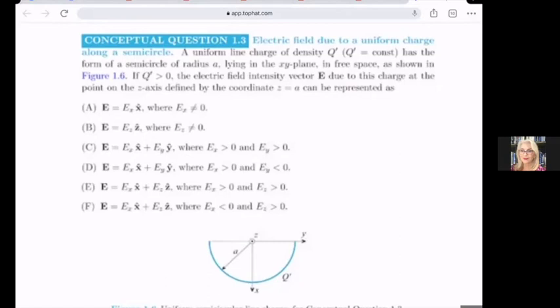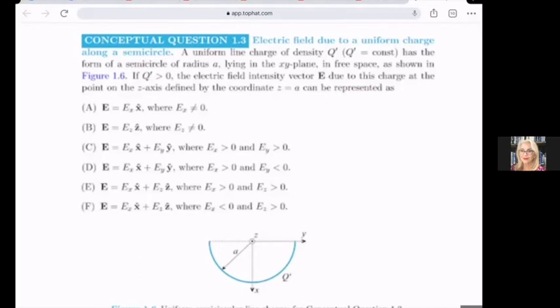And so what did you assume you will have then? I said F, so that there would be a positive electric field component in the z direction, and then there would also be a component in the x direction. I'm aware that the components in the y direction would cancel from both sides of the semicircle.